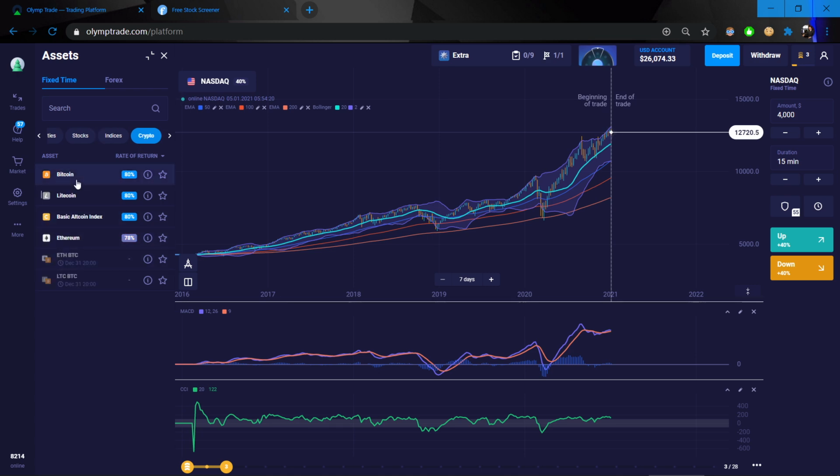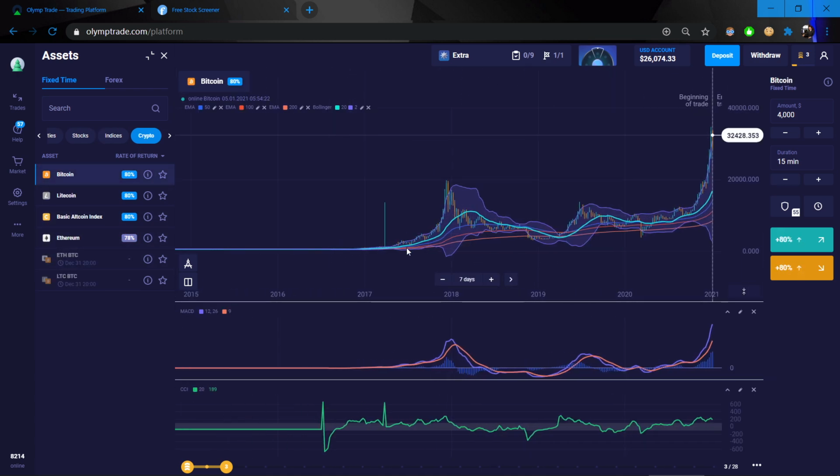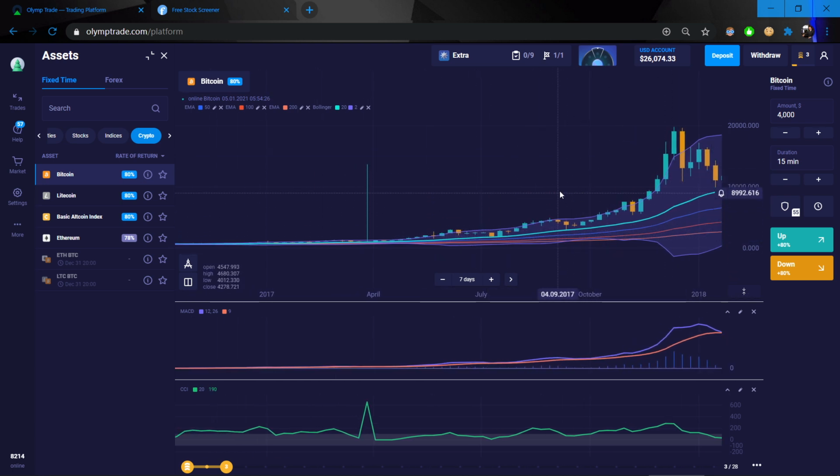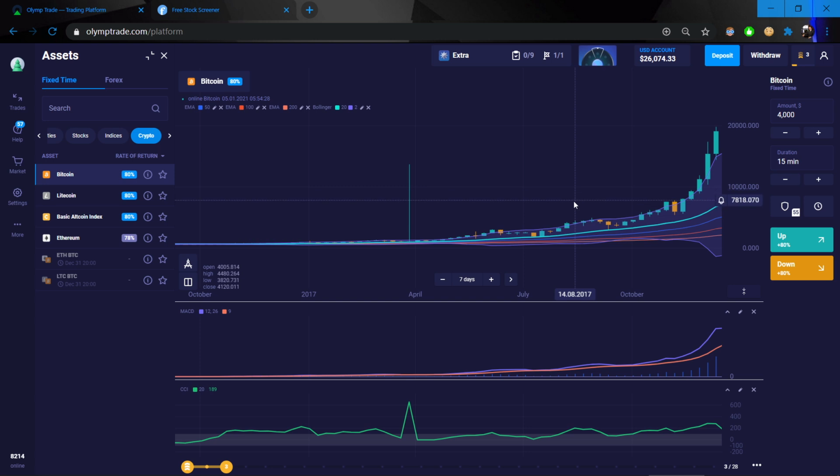In 2017, we had Bitcoin take over that role as the most profitable financial asset. But remember, in 2017, Bitcoin was not available to trade on major stock exchanges.